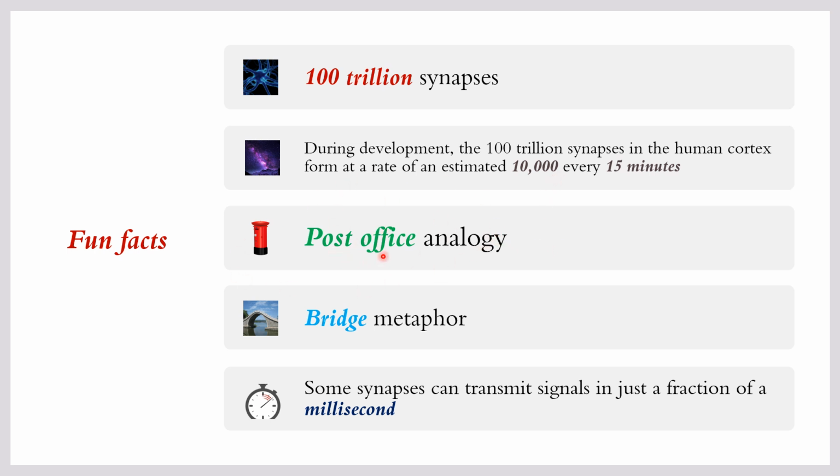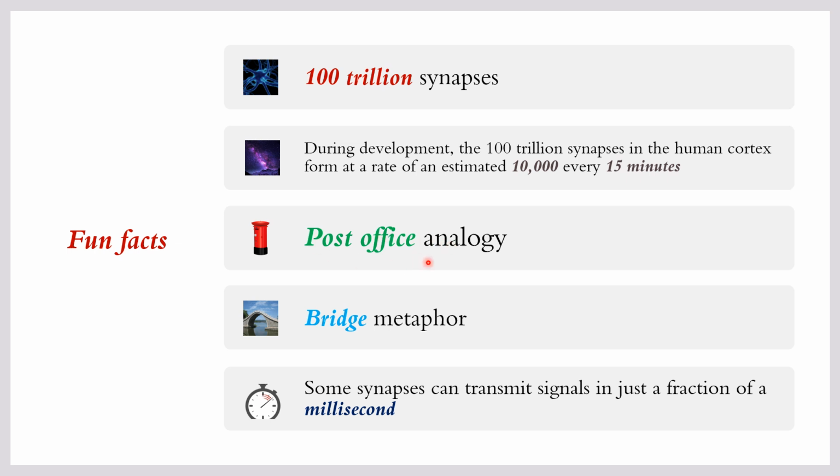To be able to remember what a synapse is, or the structure of a synapse, we can make several types of comparison. We can make an analogy with the post office.